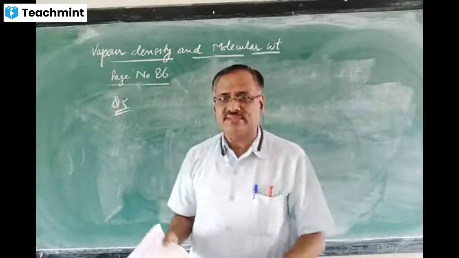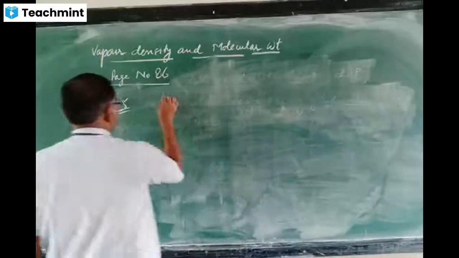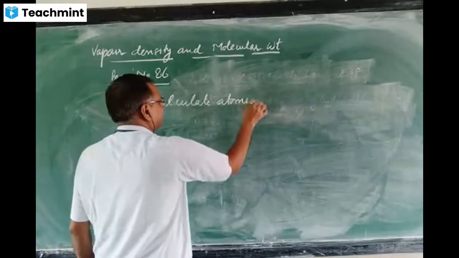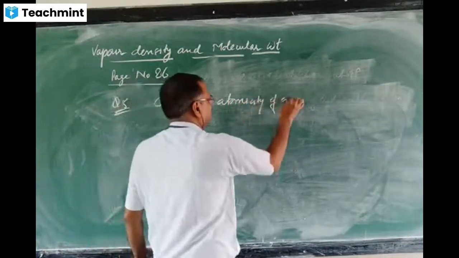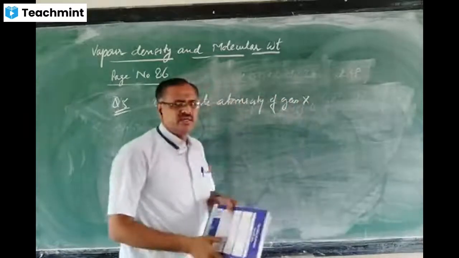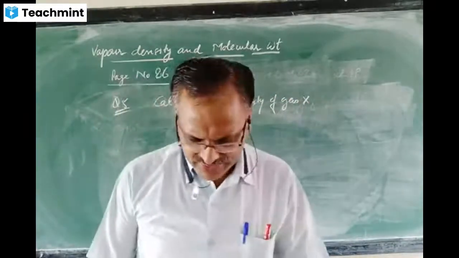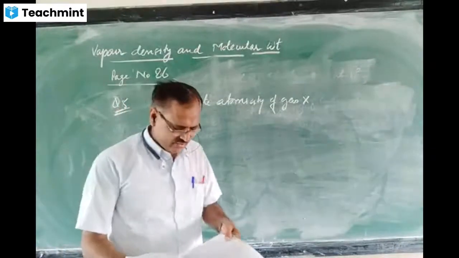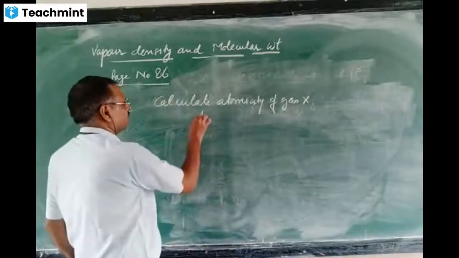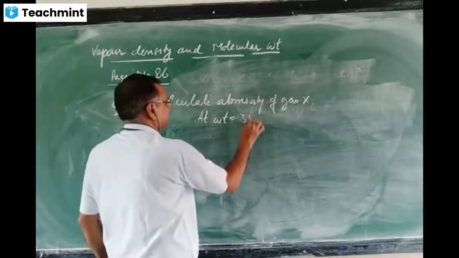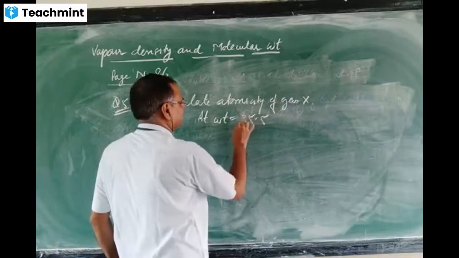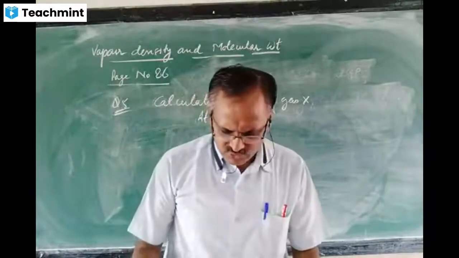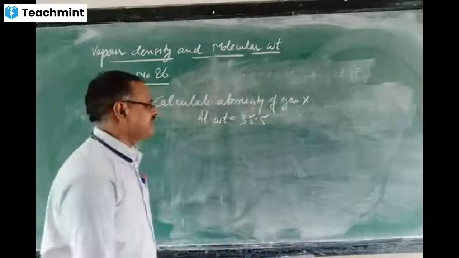Calculate the atomicity of the gas X. In your book it is given as atomic number, but you can correct it: atomic weight is given as 35.5, whose vapor density is equal to its relative atomic mass.